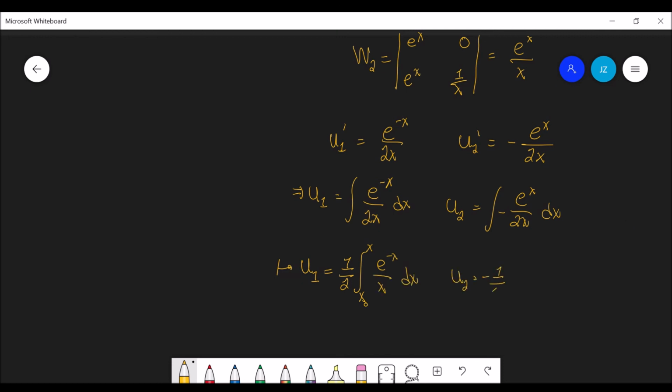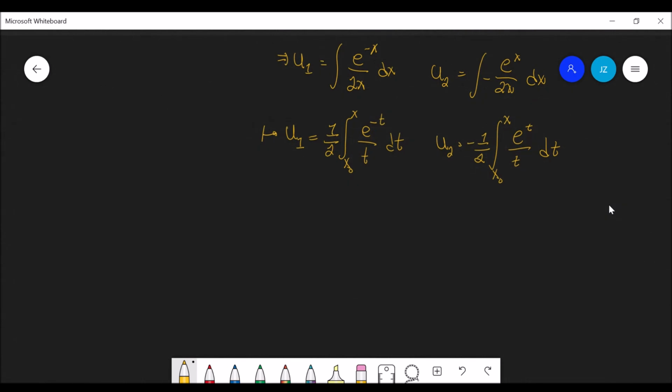u2 is negative a half integral from x naught to x. I'm sorry, in the first one, while you can use the same variable, it's standard not to. So I'm going to write it as e to the minus t over t dt, and then e to the t over t dt.